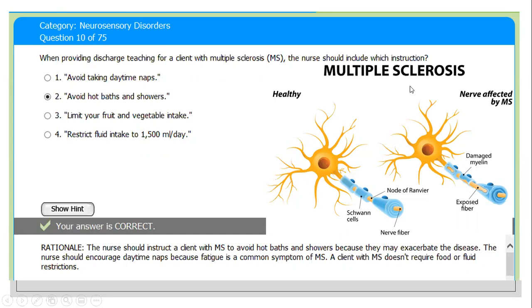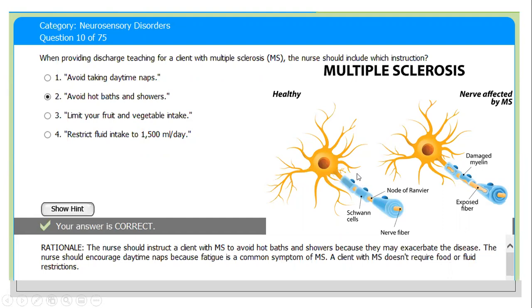What is multiple sclerosis? So you see, this is the healthy person's nerve, right? This is the cell body, and this we call nerve fiber. Every nerve fiber is supposed to be covered with a myelin sheath, and this is called node of Ranvier and Schwann cell.